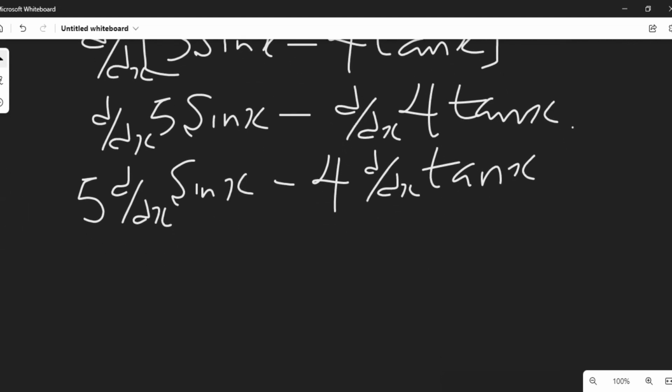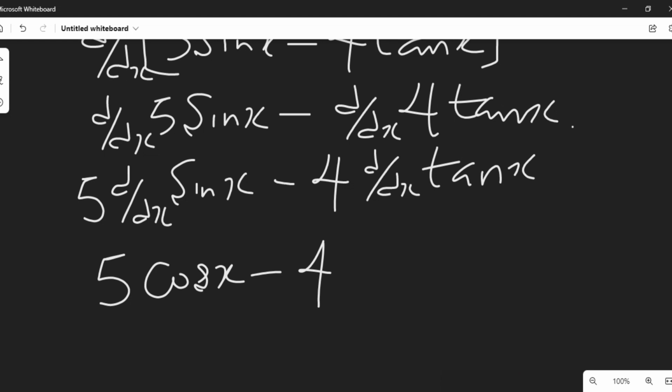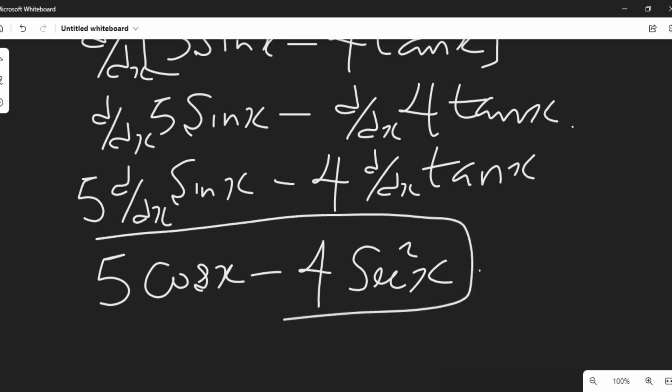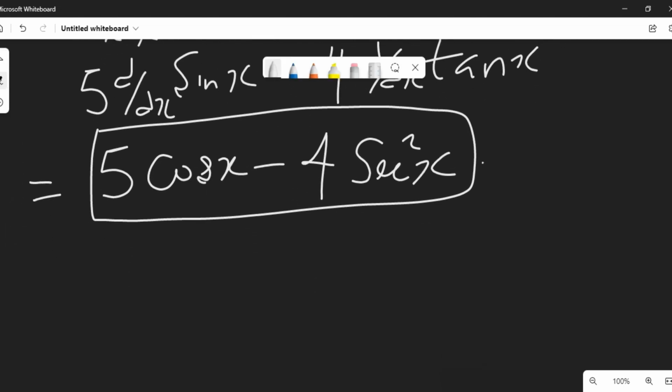Now recall that the derivative of sine x is cos x. So that will give us 5 cos x minus 4 times the derivative of tan x, which will give us sec square x. So this is going to be the result of that differential value that is given to us.